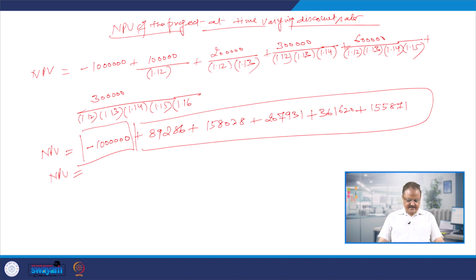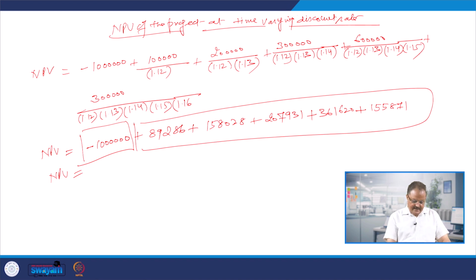So first was 89,286, second one is 158,028, third one is the present value of 3 lakhs, 207,931, and then 361,620, and last one is 155,871.